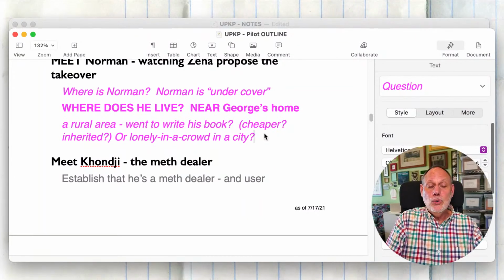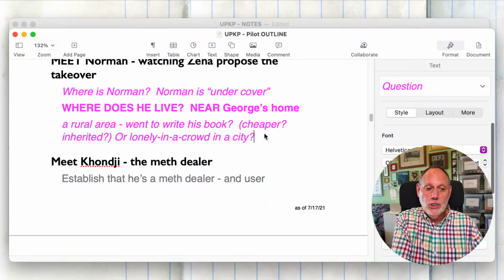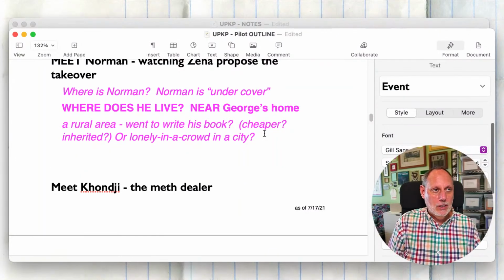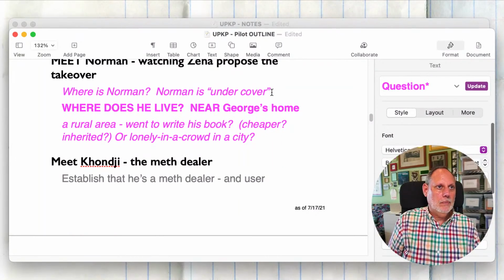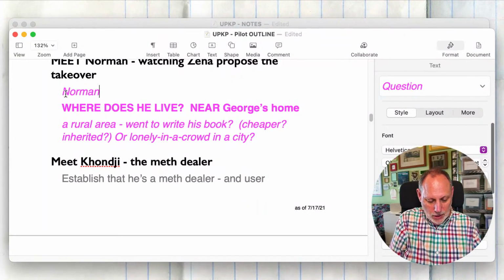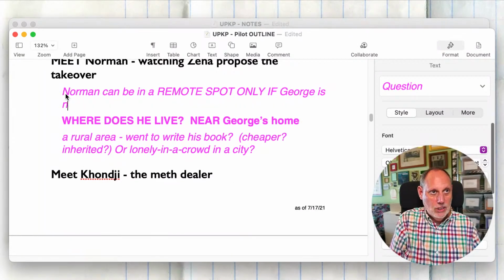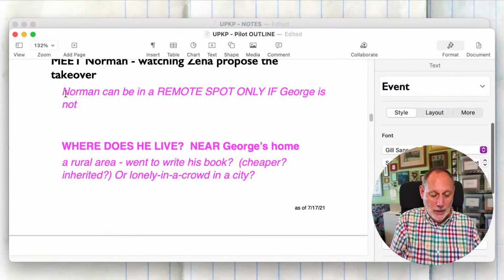So if George is in a remote place, then Norman can't be. If George is not, then Norman can be. Norman can be in a remote spot only if George is not. So then it becomes a question of, where is George?